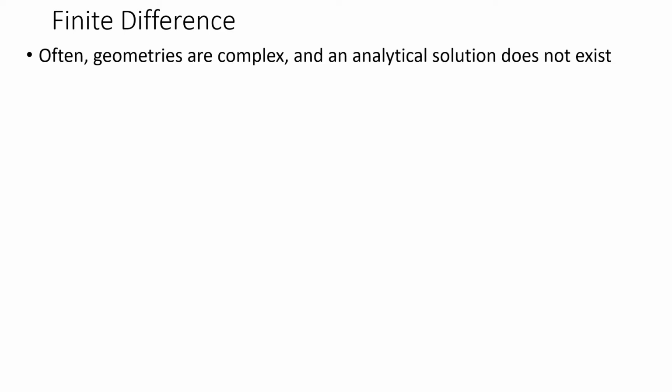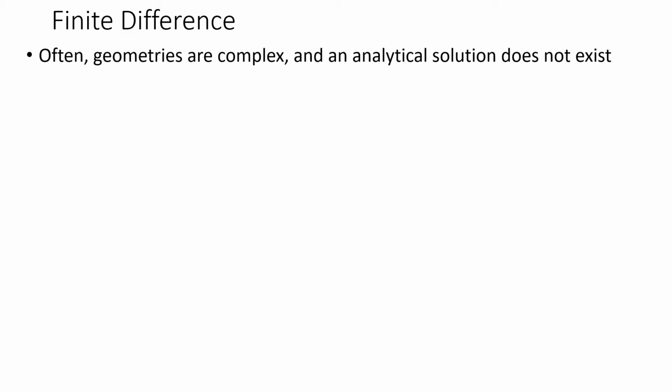Often what happens is that your geometry or your object isn't regular or isn't trivial. It's not always that you'll have a rectangular or a circular or a cylindrical body for which you will have a particular analytical solution.